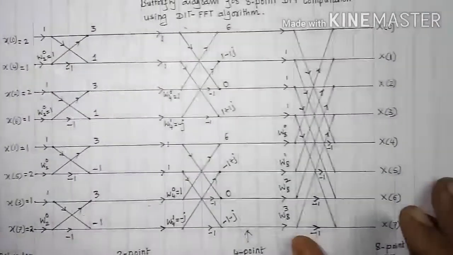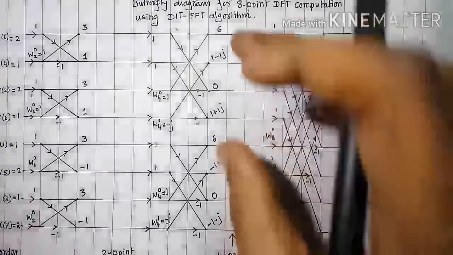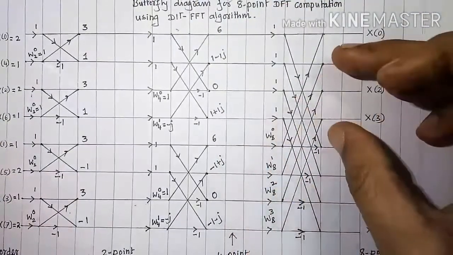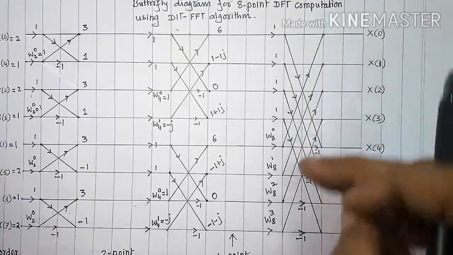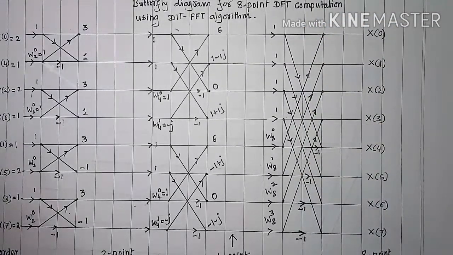Next we have to combine these 4-point DFTs to obtain 8-point DFTs according to this butterfly diagram or signal flow graph.